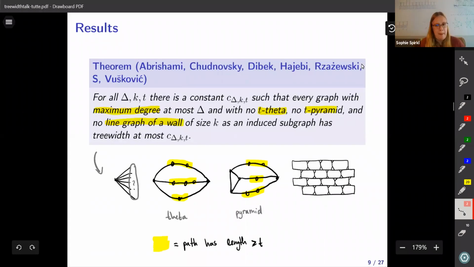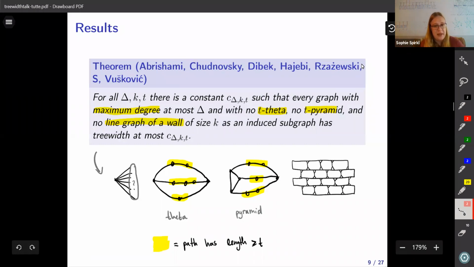And then here's a bit more, but again, it's sufficient to read the pictures. If we bound maximum degree again, and now we exclude three more things. One of them, actually, a line graph of a subdivided wall. And then these other two, which are first a theta, where a theta means two vertices and three paths between them. And a pyramid, which is a triangle and a vertex and three paths between them.